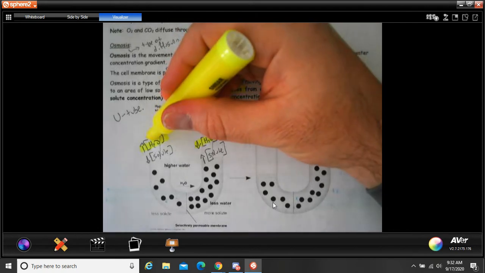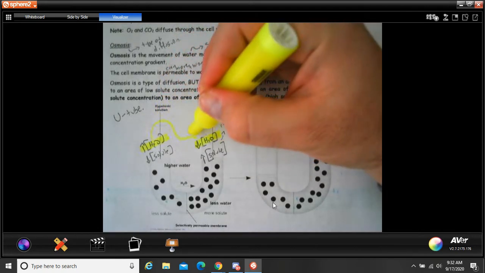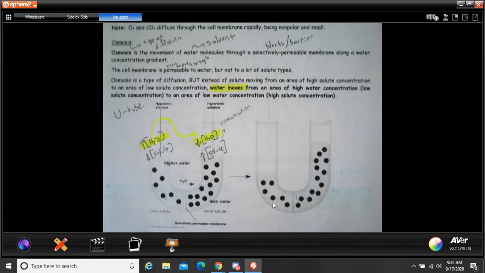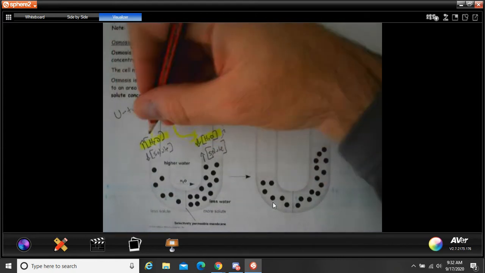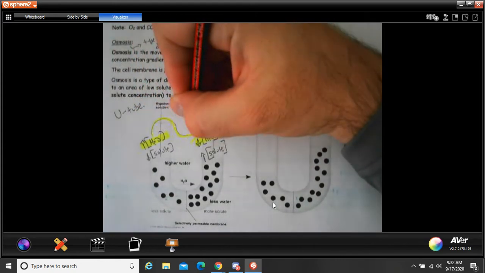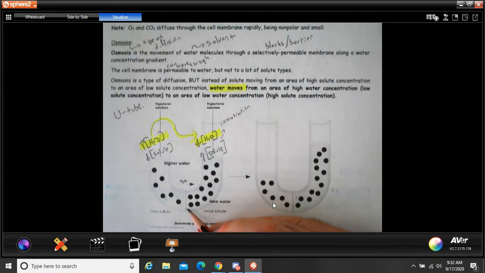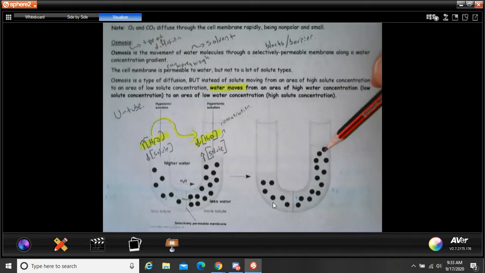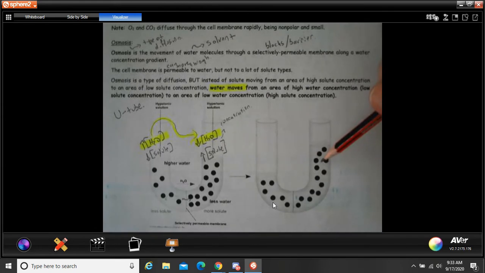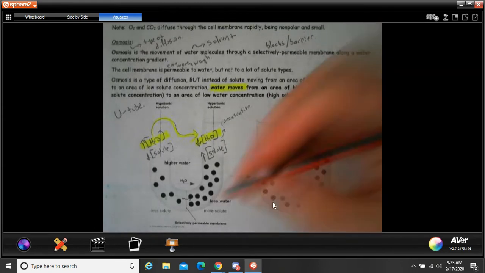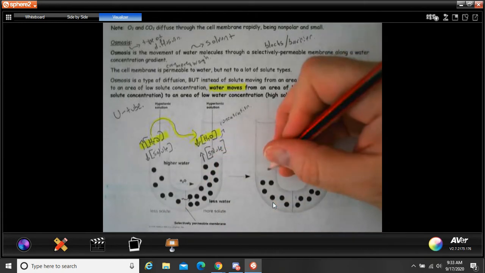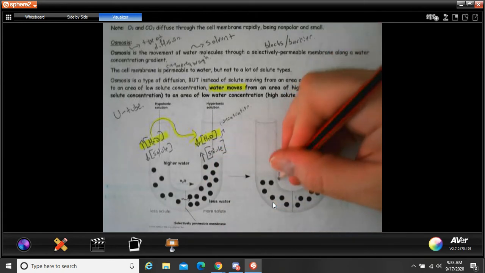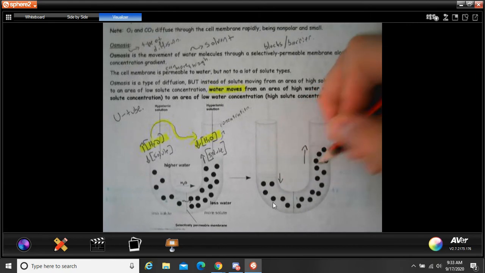We know that the water will diffuse from this side to this side, through that selectively permeable membrane. If you had one of these U tubes with a selectively permeable membrane and a different solute on each side, you'll notice that the water goes up on one side because it's moving into that side. This water goes down because it's going from here over to here. Kind of interesting.